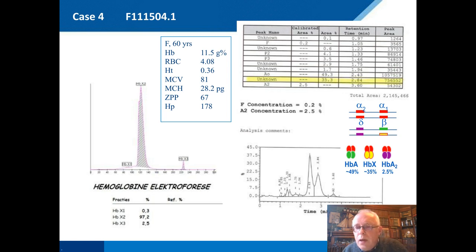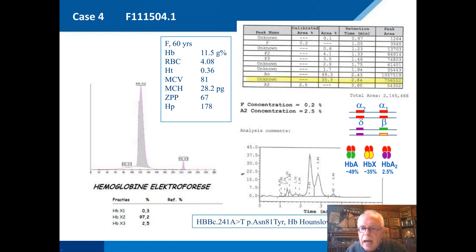Well, this is an example in which we see a double peak in the capillary electrophoresis, so there is a split peak here, and HPLC shows it in a better separation, and this is due to a beta variant. And this beta variant is hemoglobin Hounslow. The codon 80 is changed, and you see a tyrosine instead of an asparagine.